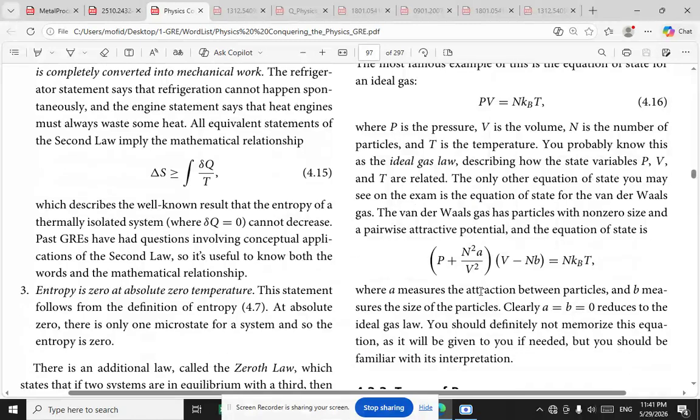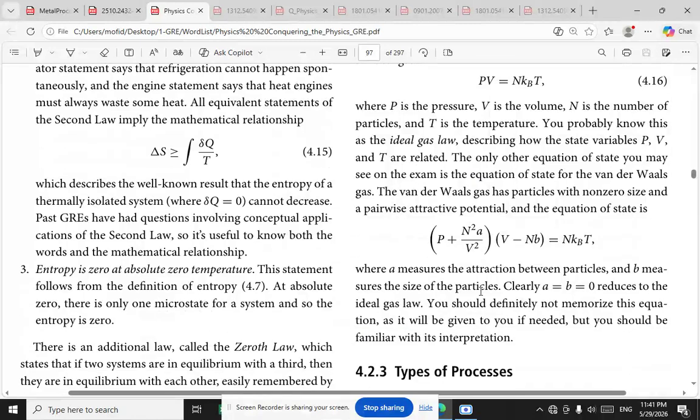The equation of state takes this form: (P + n²α/V²)(V − nβ) = nRT, where α measures the attraction between the particles and β measures the size of the particles. Clearly, α = β = 0 reduces to the ideal gas law.